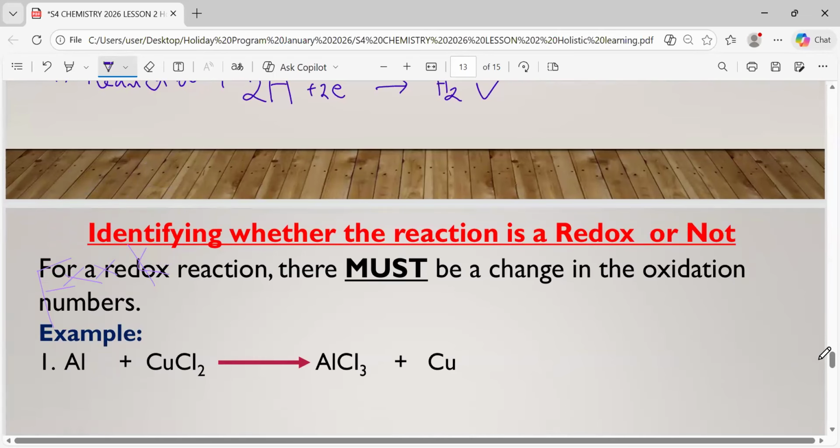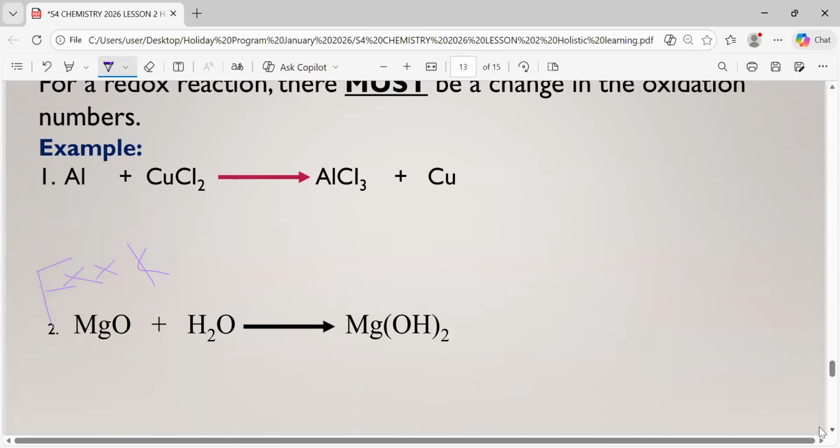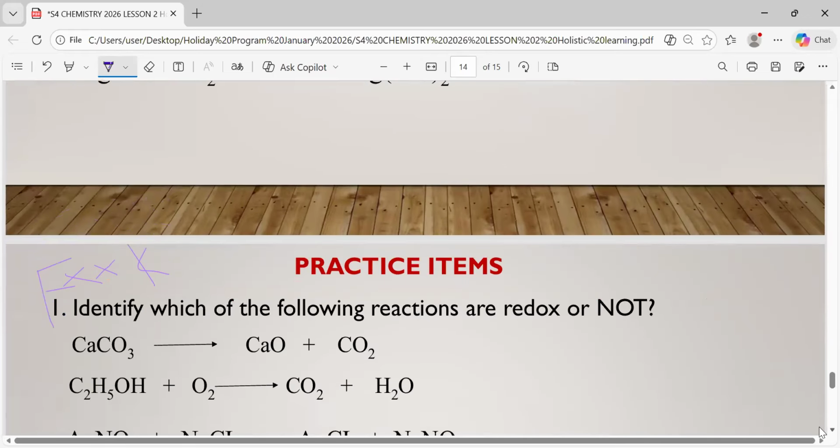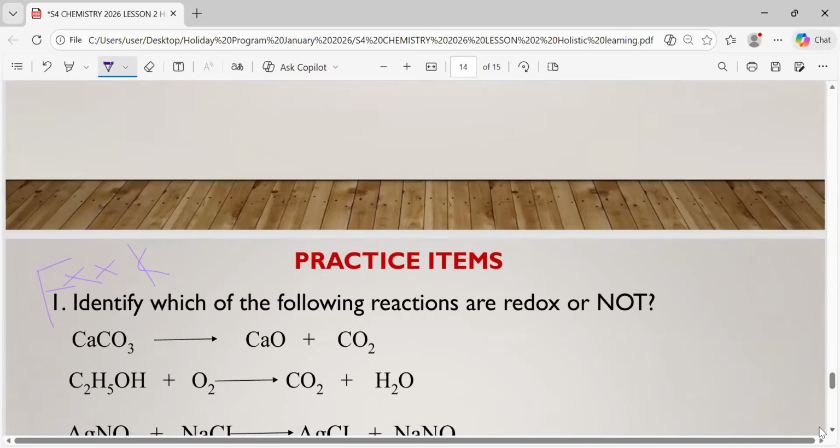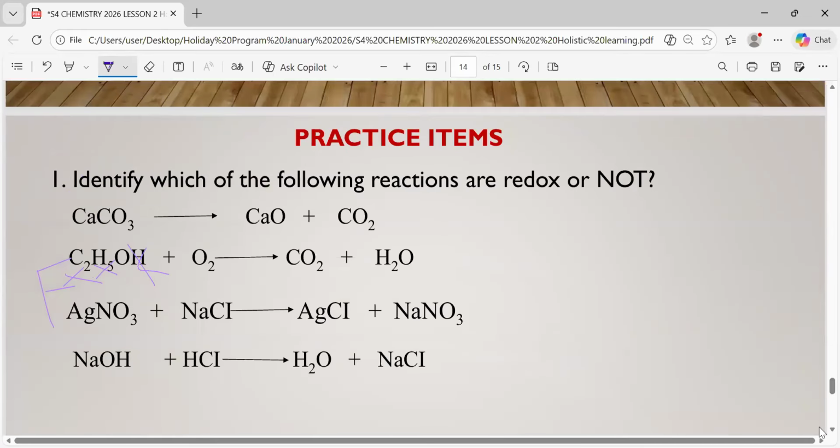I'm going to share this document. Let us try out these examples and the exercise in this document, so that when we come next time, we can finish it very fast and then go to electrolysis. Thereafter, I'll share the revision questions in regard to this work.